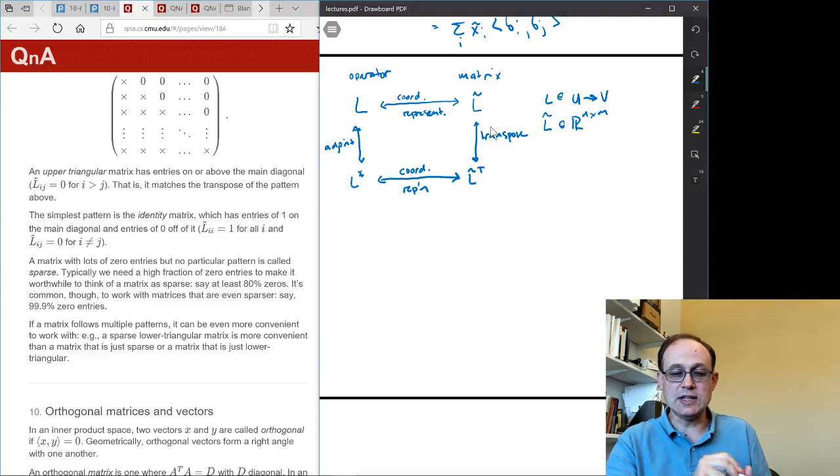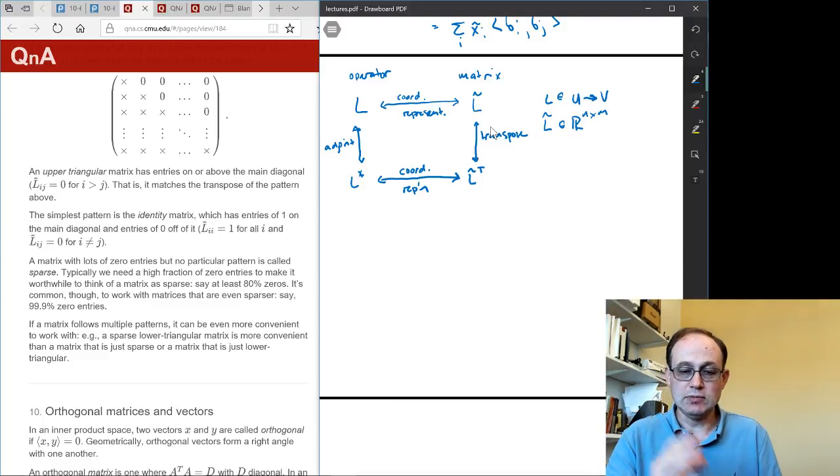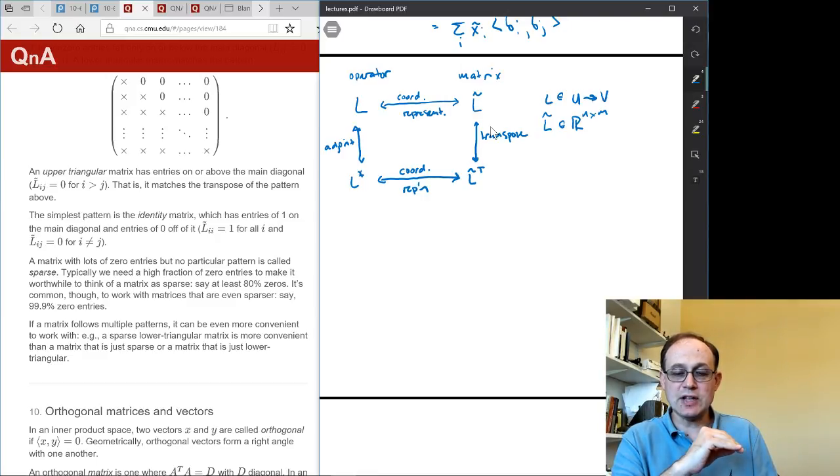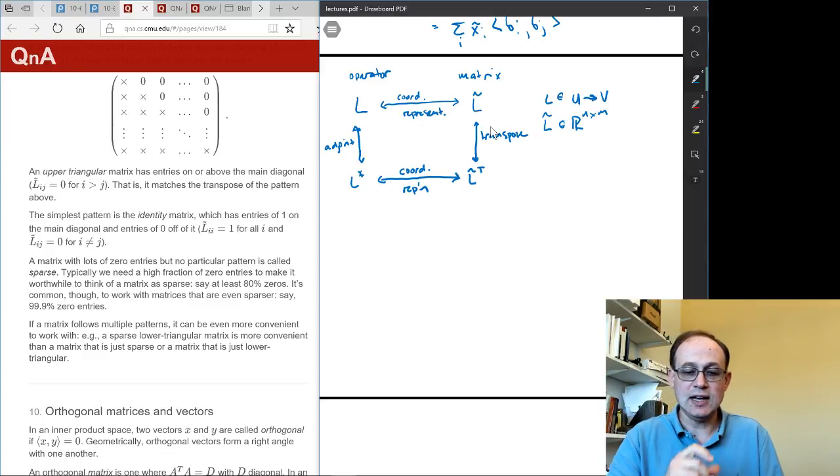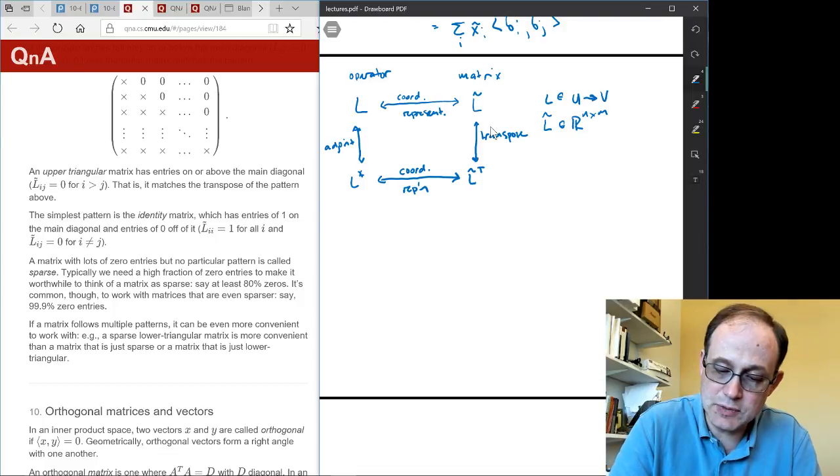So the point is that linear operators are the left side of this diagram, matrices are the right side, and you have corresponding operations, adjoint on one side and transpose on the other, that do essentially the same thing, but on these different entities. And then the same thing is going to be true for inverses.